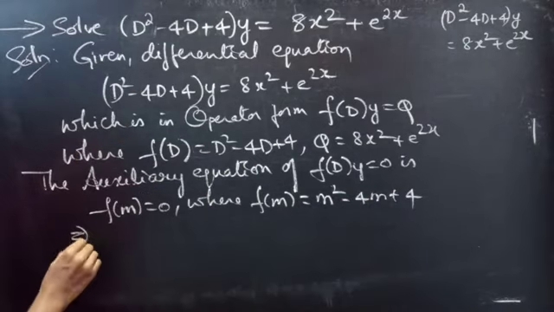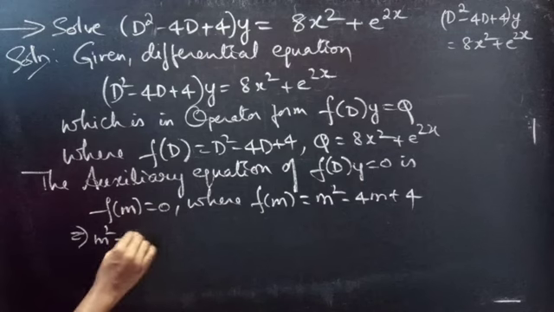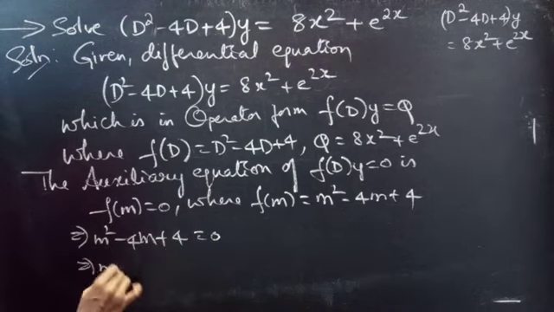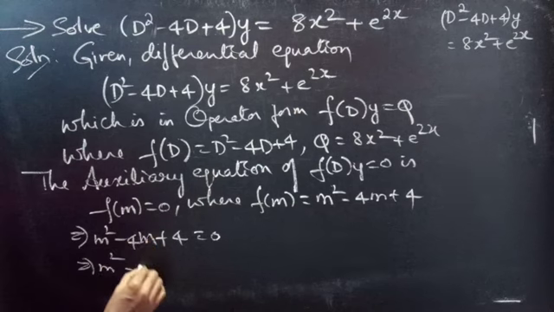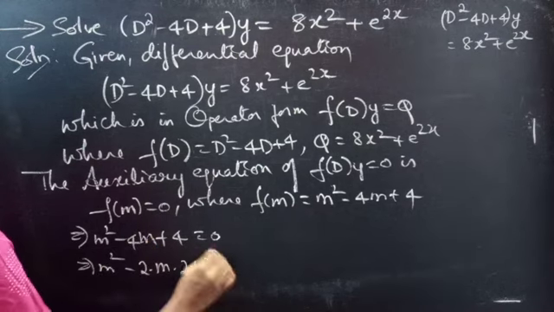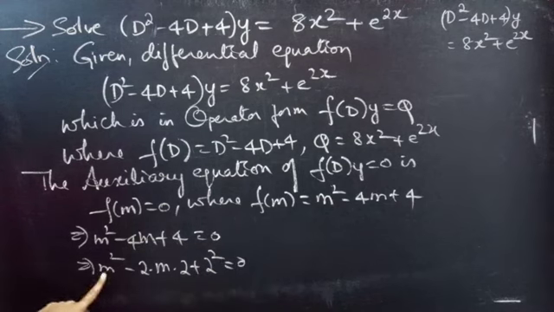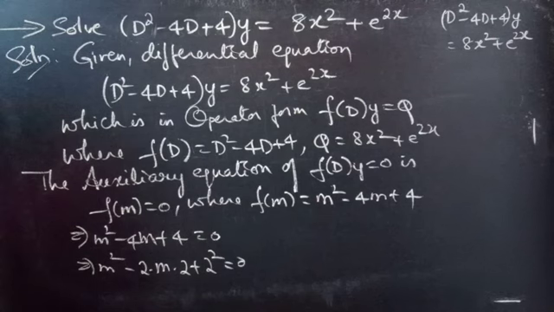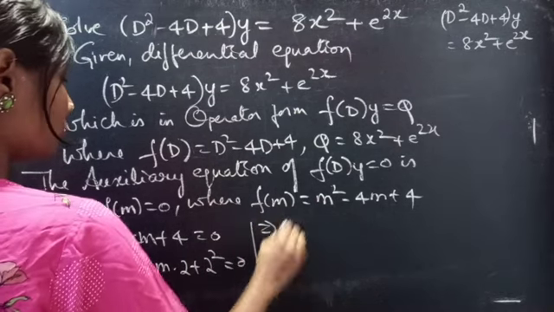Then our auxiliary equation becomes m square minus 4m plus 4 equals 0. We can write this minus 4m as minus 2 into m into 2 and this 4 as 2 square. So this is of the form a square minus 2ab plus b square, which is the expansion of a minus b whole square.